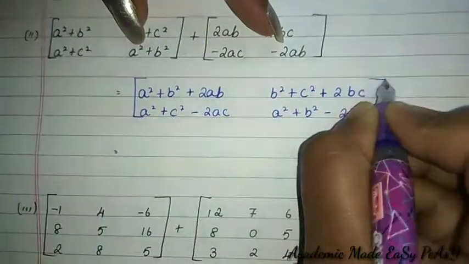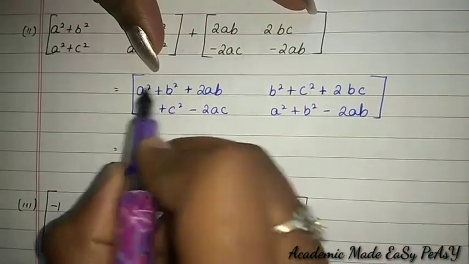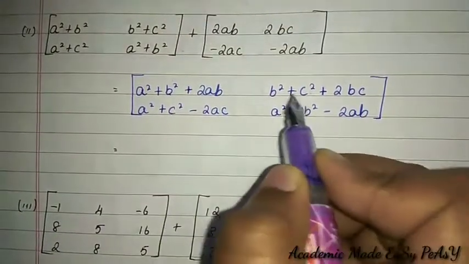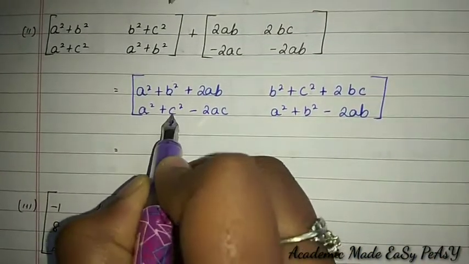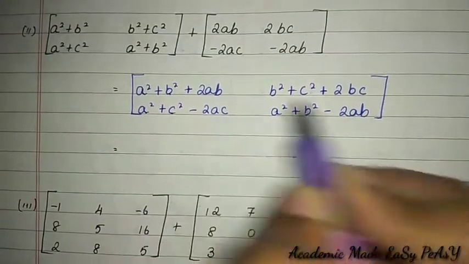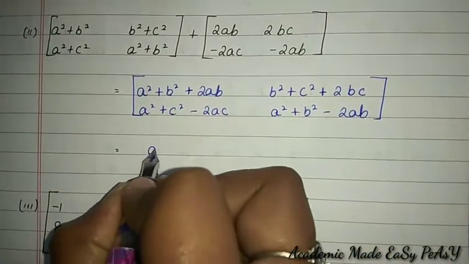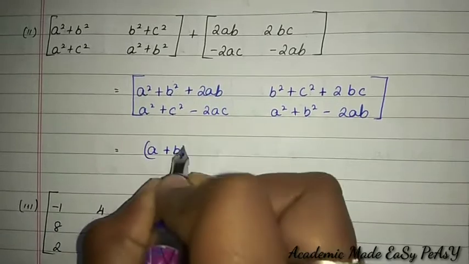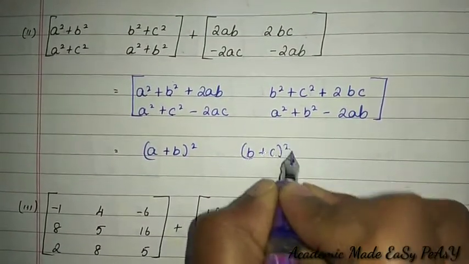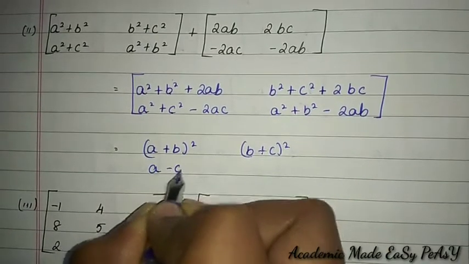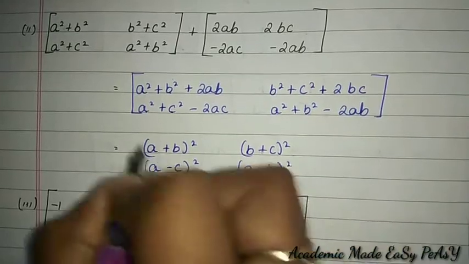So now we can just leave it directly, or else we have this formula: A square plus B square plus 2AB is (A plus B) the whole square, and A square plus C square minus 2AC means (A minus C) the whole square. So therefore I will write (A plus B) the whole square, (B plus C) the whole square, (A minus C) the whole square, (A minus B) the whole square.